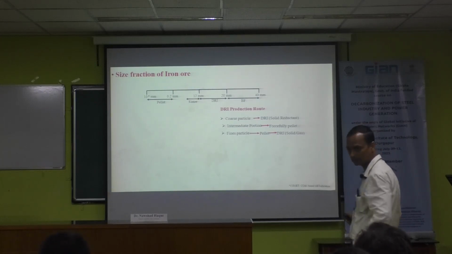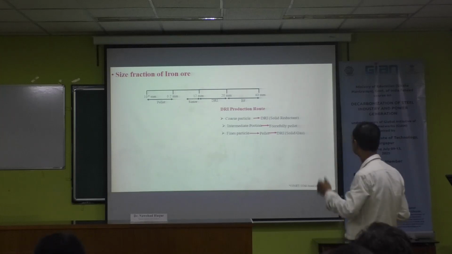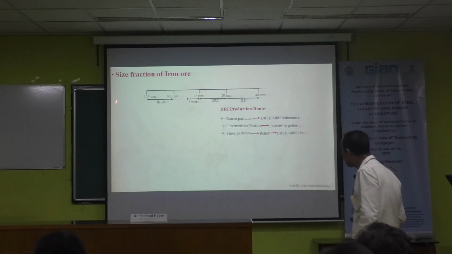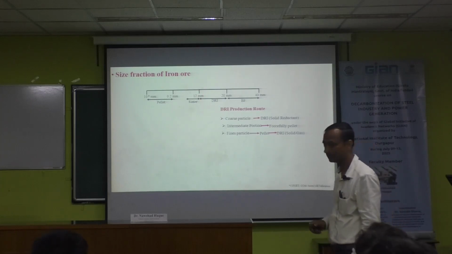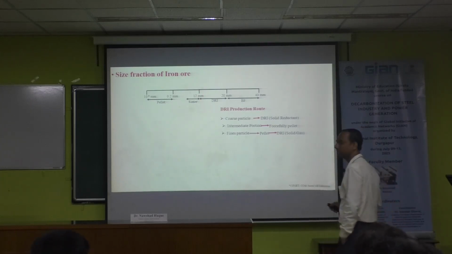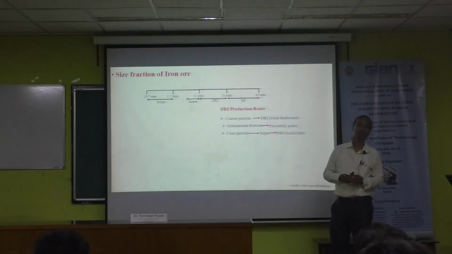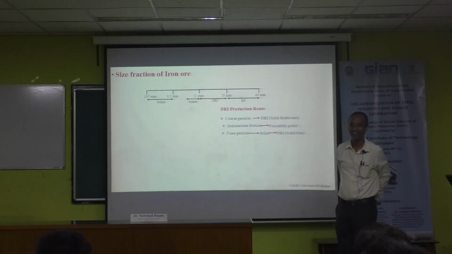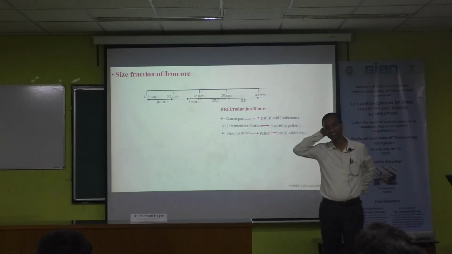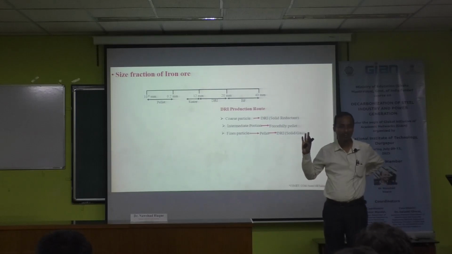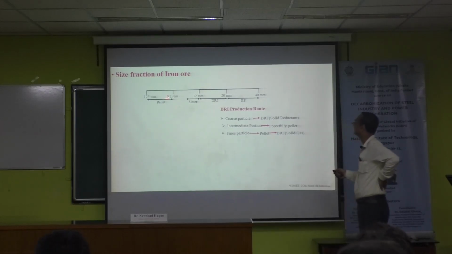Coarse particles go to the blast furnace, although nowadays that is not good, and the intermediate zone you will go for another route. Then you have to make DRI, whether from coarse or finer particles.